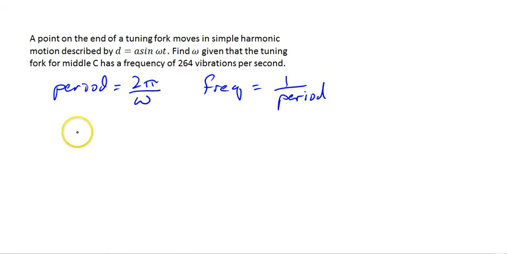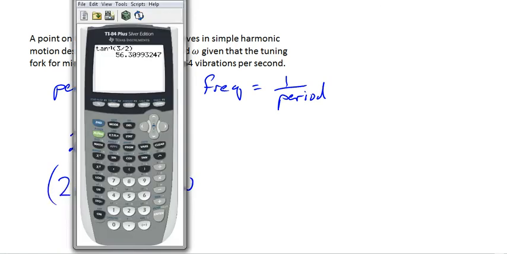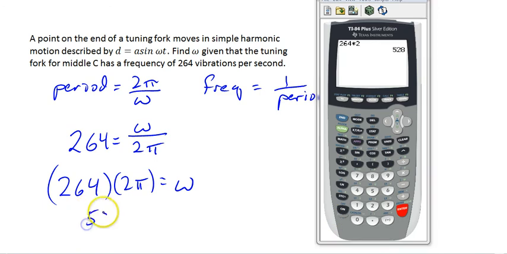So I'm going to say that 264 is the reciprocal of 2 pi over omega, which is omega over 2 pi. So 264 times 2 pi will give me omega. And let's get our calculator up. And I just go 264 times 2, which is 528 pi.